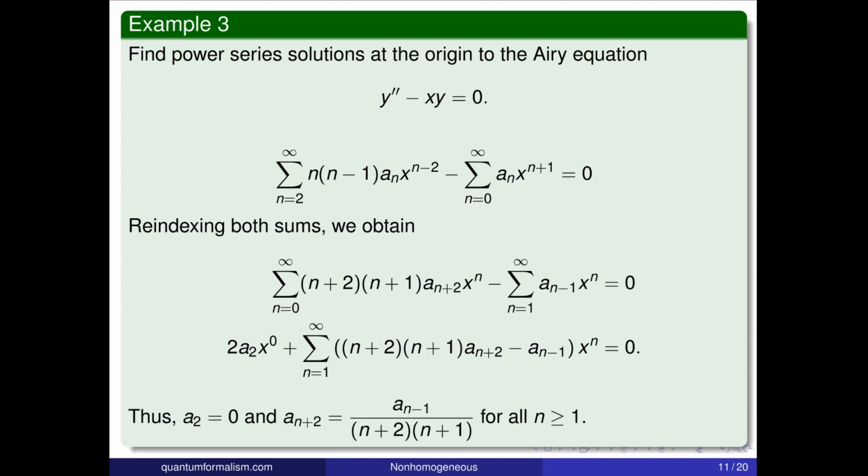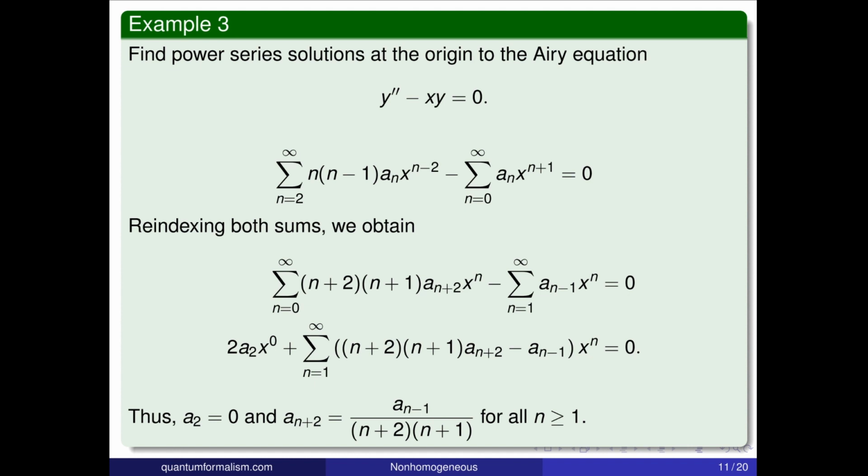So we'll end up with a2 is equal to 0, and this recurrence relation: a sub n plus 2 is equal to a sub n minus 1 divided by n plus 2 times n plus 1 for all n greater than or equal to 1. So now we can determine the coefficient that's 3 terms down the line from a given coefficient.